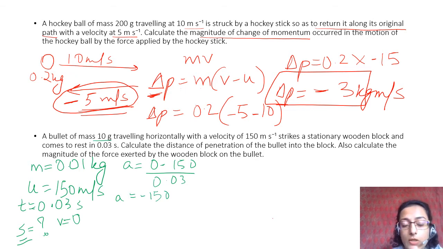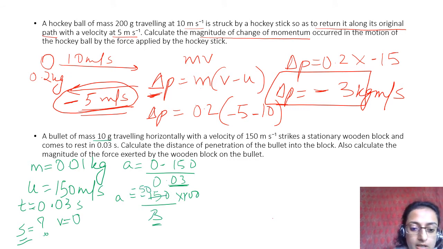Again, it is minus because it is negative acceleration, it is stopping, into 100 upon 3. Because it is divided by 0.03, we can multiply by 100 and remove the decimal place. Minus 50 is equal to, a is equal to minus 5000 meter per second square. With a high velocity, it is stopping.